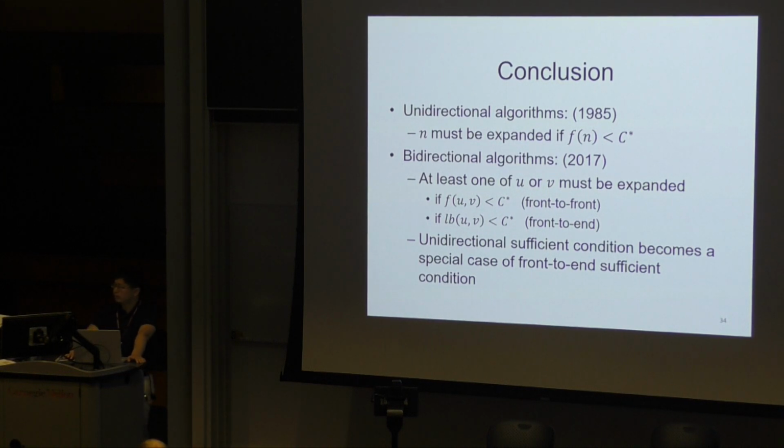I think that you can come up with a heuristic that estimates the distance from one node in the forward search front to one node in the backward search. I was wondering if this will apply directly. Currently, it doesn't apply, but it may. It's possible that some small modification can be made in our theory to apply to that situation.